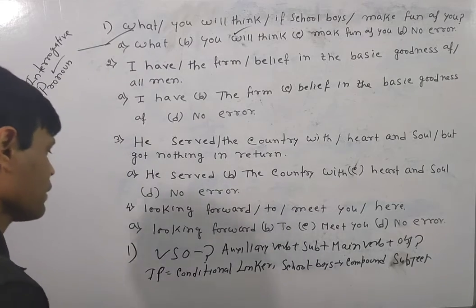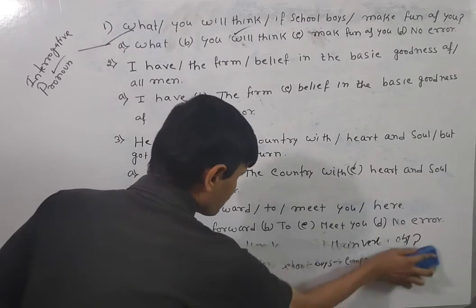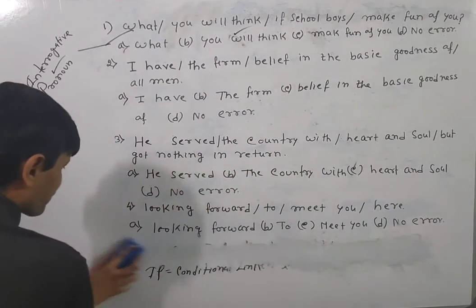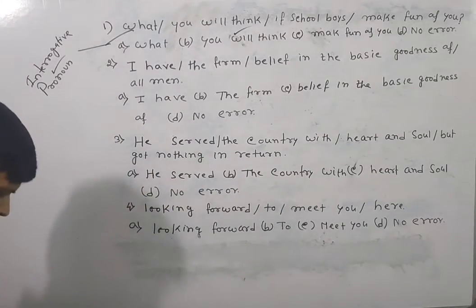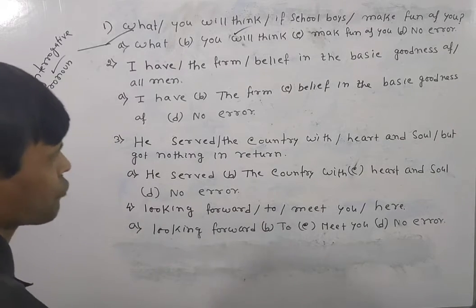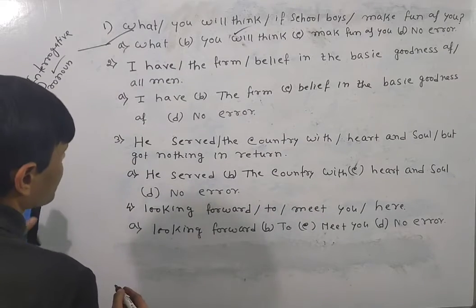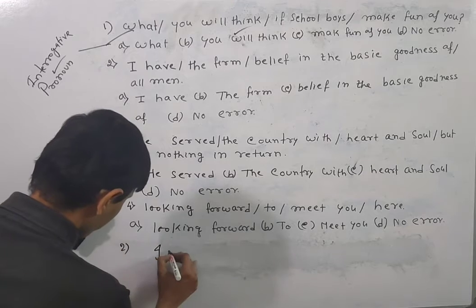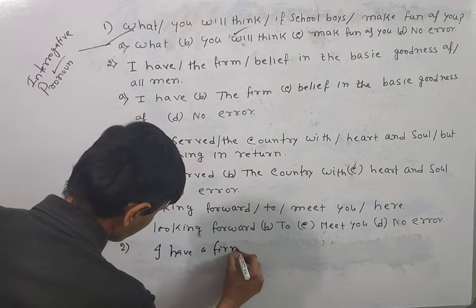Why so? It's a very interesting question. We cannot count belief, as belief is an abstract noun, and it is not countable. In case of a countable noun, we can use A, but in case of an uncountable abstract noun, we can also use A. Suppose we say I have a firm belief.